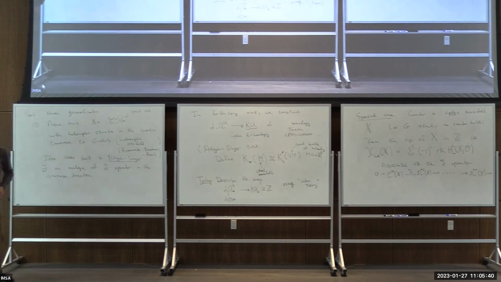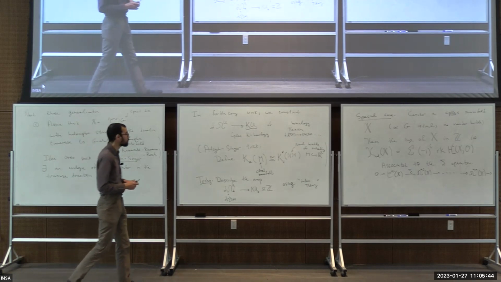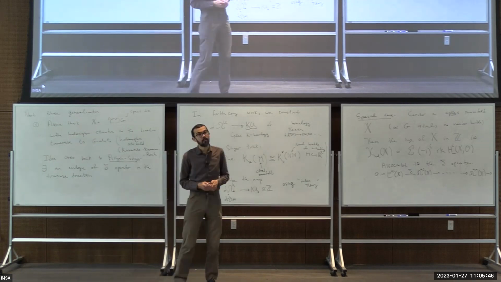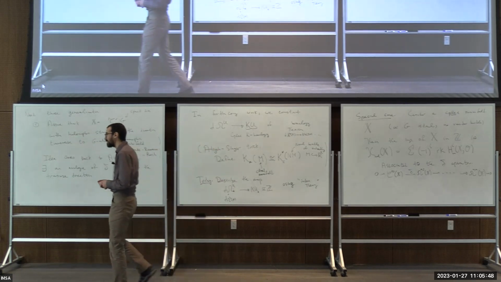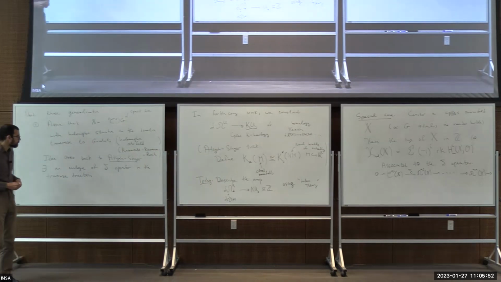But Atiyah and Singer actually studied this version of K-theory, which is called transverse K-theory, for compact group actions on manifolds, but they do not assume that the stabilizers are finite.